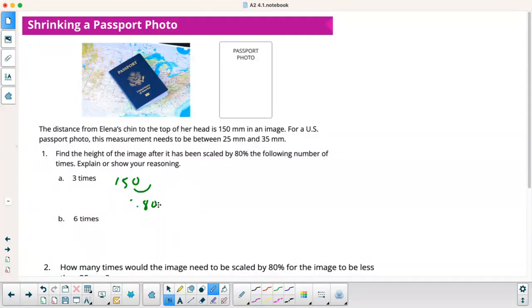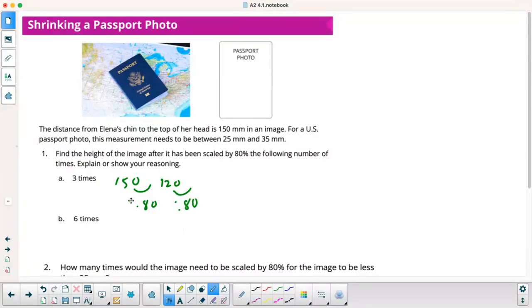So what do I get for the next term? 150 times 0.8 gives me 120. So that's my first scale. So it's actually going to be the second term because this 150 is not scaled. This is the first time I multiplied it by 0.8.